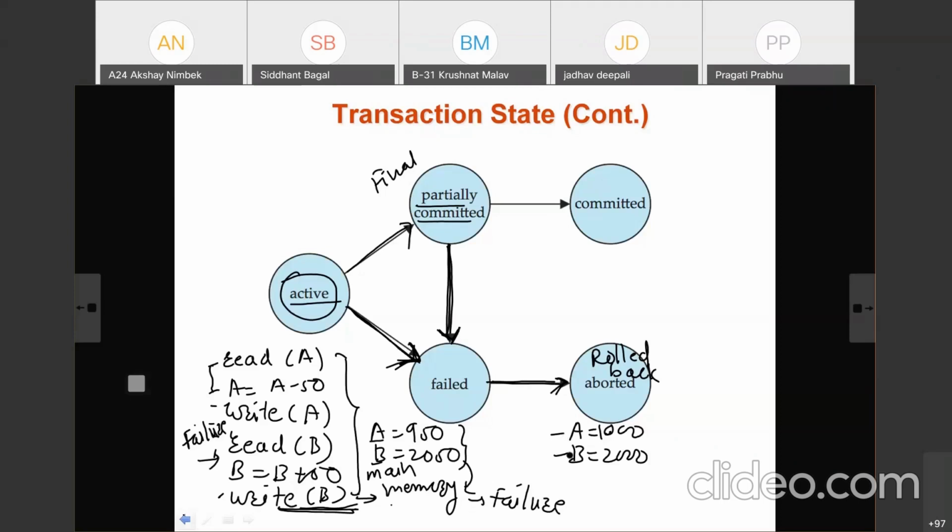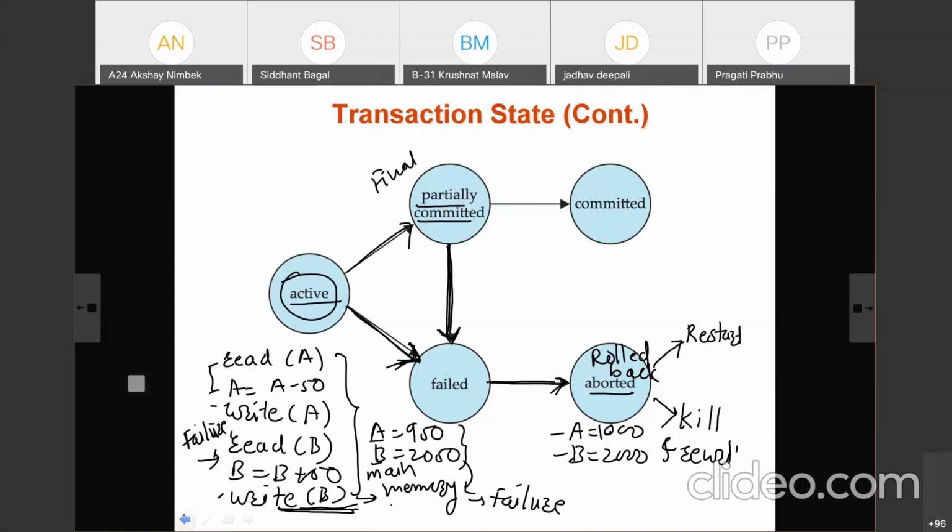So in the aborted state or rollback, there are two options. One is to restart the transaction. If a system failure or power failure occurs, restart the transaction. And if there is some logical error in this transaction, then in that case, kill the transaction and rewrite it again.